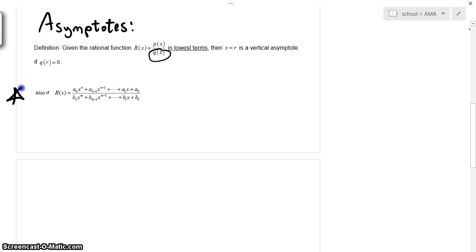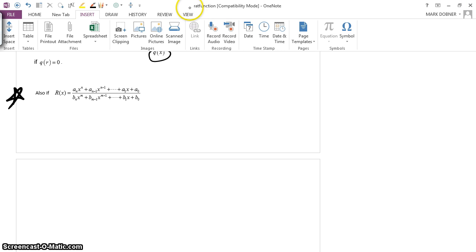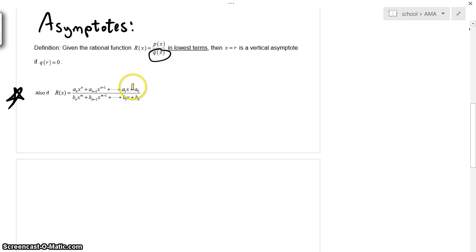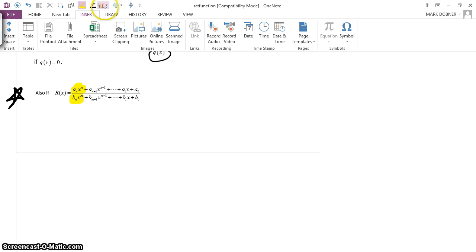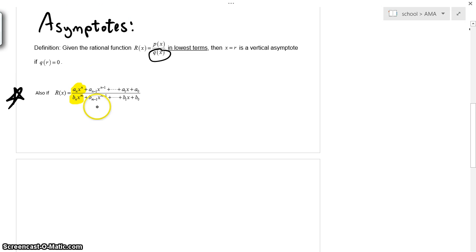Also, right here, let's just say that our numerator was of the form a sub n x to the n, and then plus a sub n minus 1, x to the n minus 1, and so forth. We'll look at our leading coefficients right here. Down below we'll have b sub m times x to the m, and of course that n and m very well could be different values.